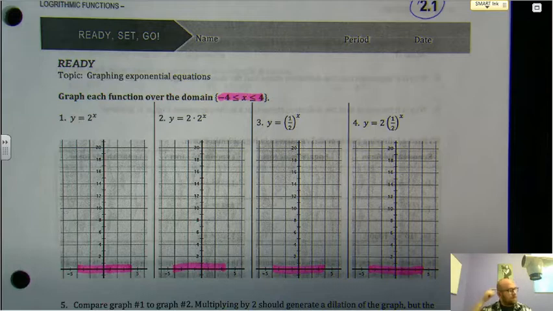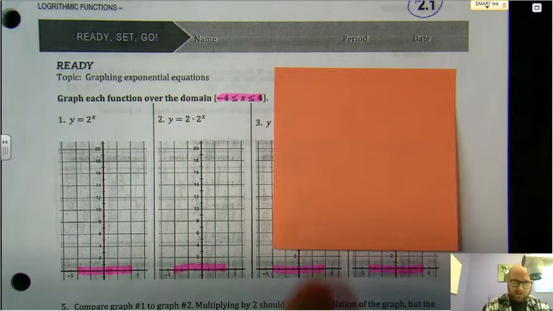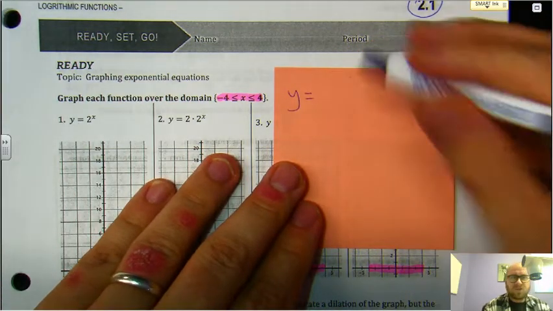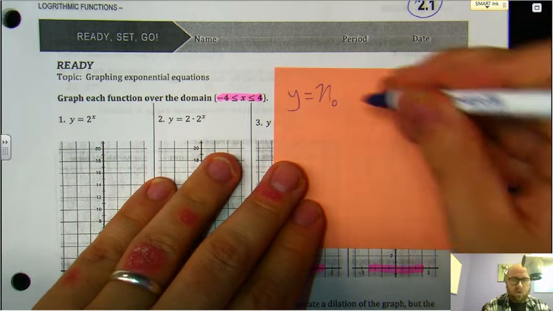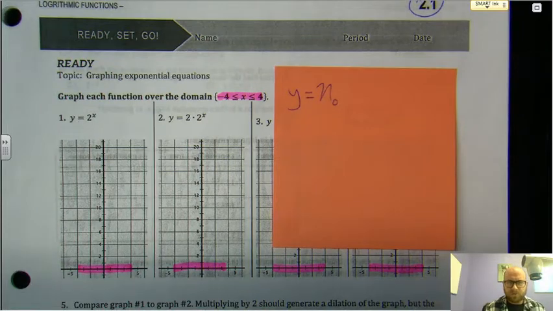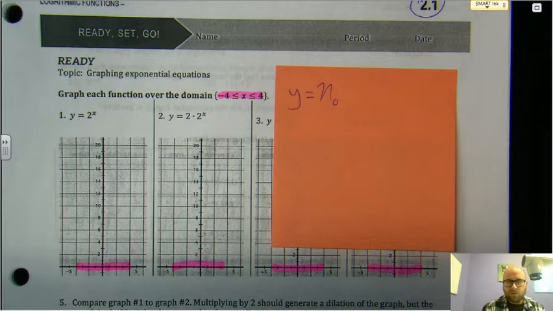So when we're thinking about this, it wants us to graph exponential equations, and I think it's important to remember exactly how exponential equations work. When we're talking about exponential equations, we're going to have y equals our starting value, which would be our n sub 0, or as I like to think of it, our 0th term. If 0 were our x, what would our y be?